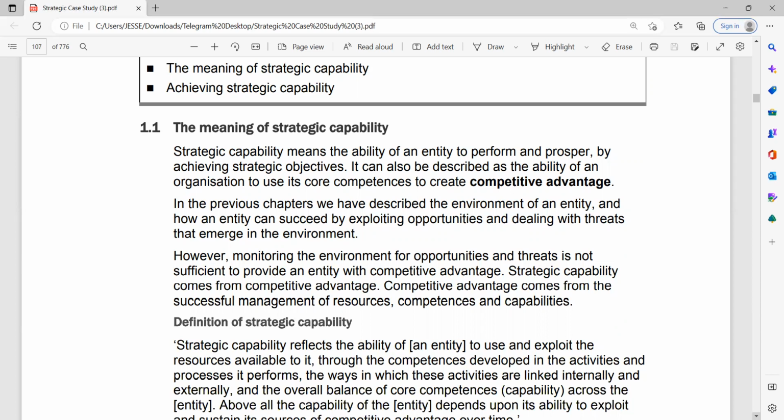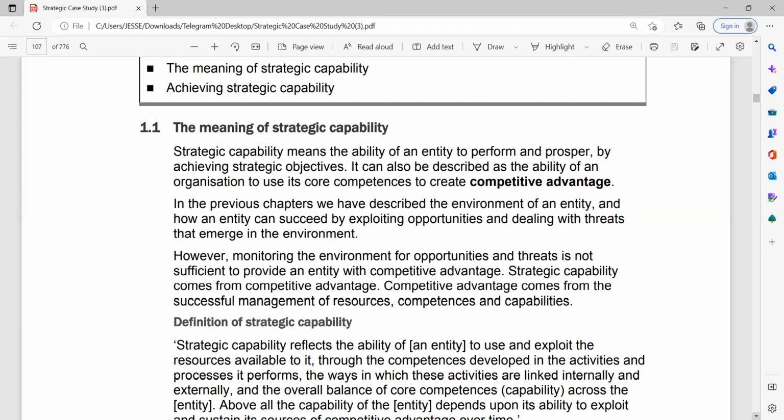Now, you might have heard the term core competencies. Now, what are these core competencies? Core competencies are basically strengths that an organization has that helps the organization to create competitive advantage.